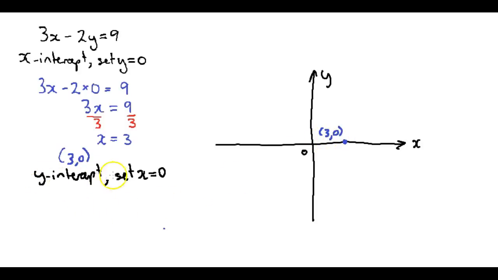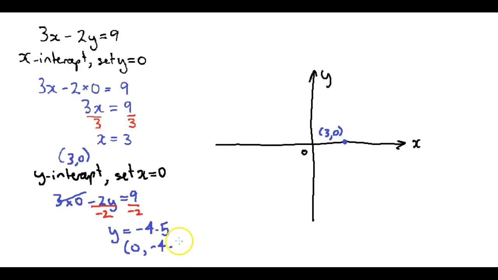And we find the y-intercept by setting x equal to 0. So we have 3 times 0 minus 2y equals 9. And of course that disappears. To get y by itself, we divide both sides by -2. Which gives us a y-intercept of -4.5.